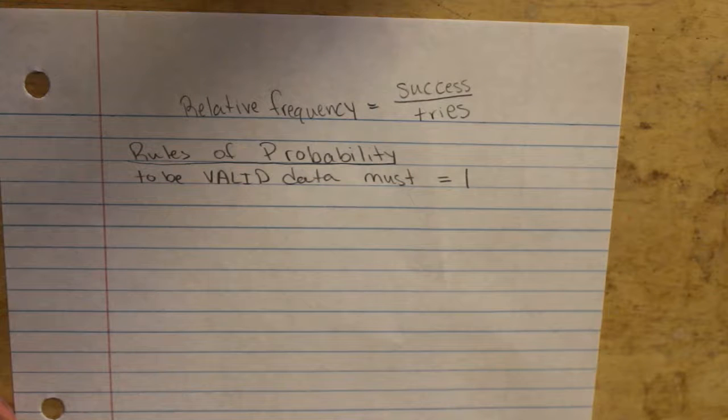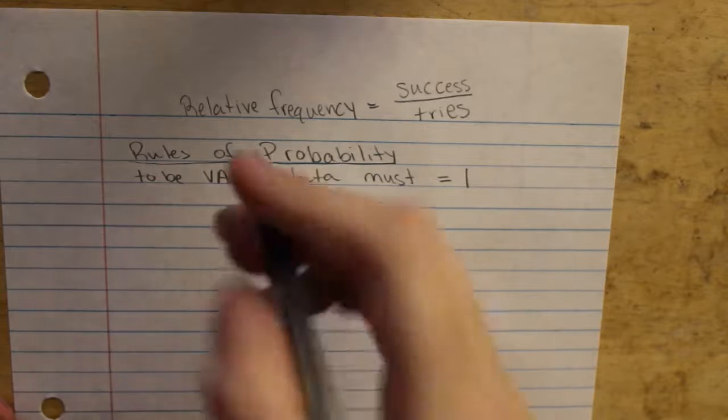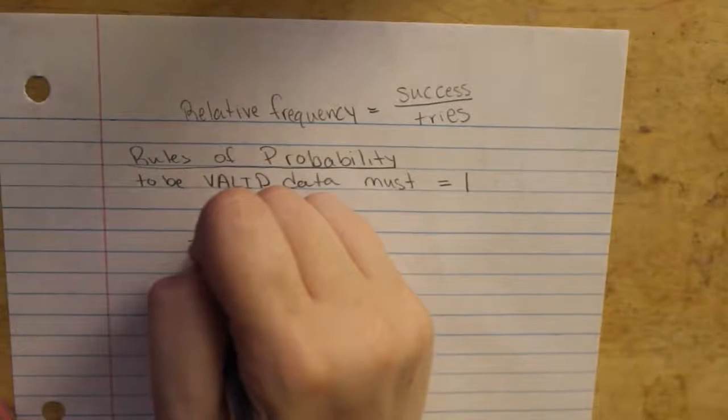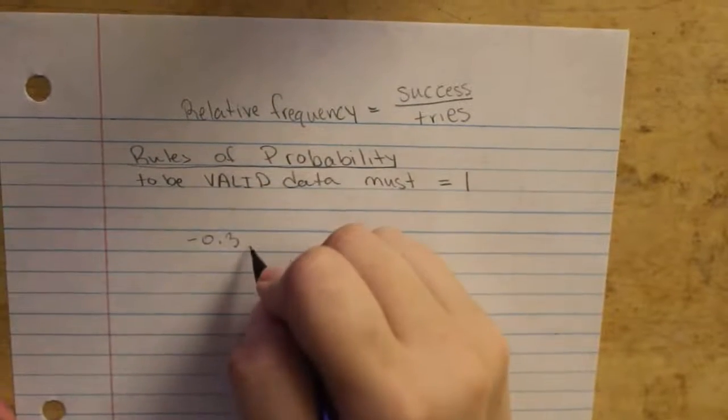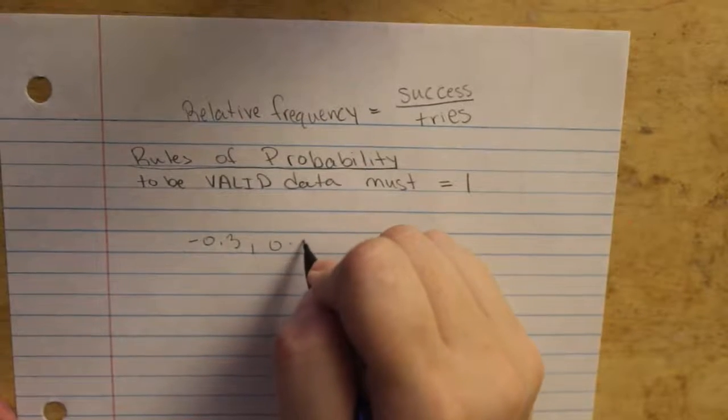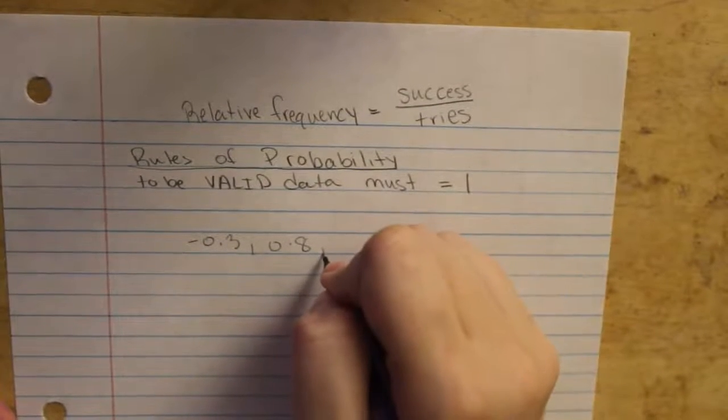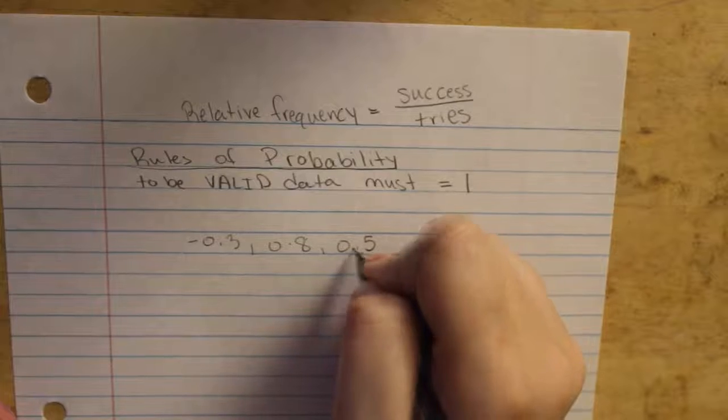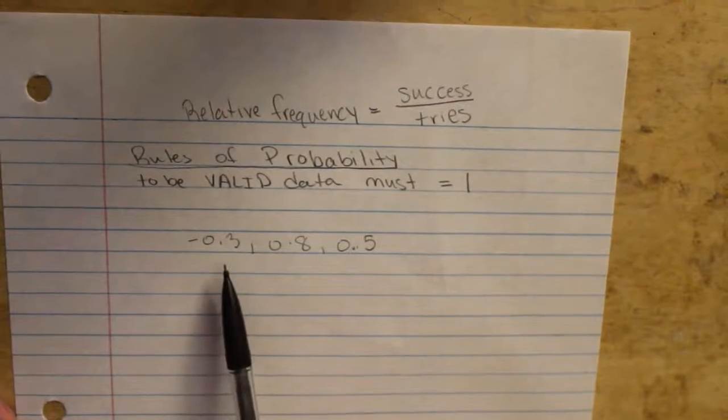Now, one of the things with this is if you end up with a negative number in here, you still add it in. So if it gives you like negative 0.3, and then it gives you positive 0.8, and then 0.5, yes, each one is less than 1, okay?